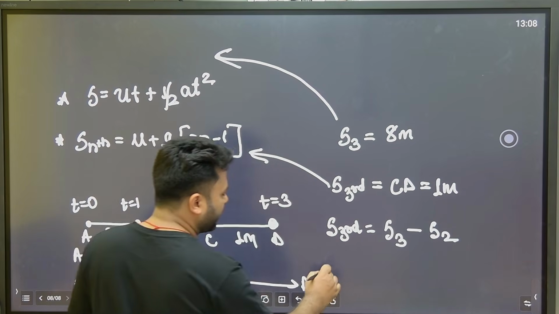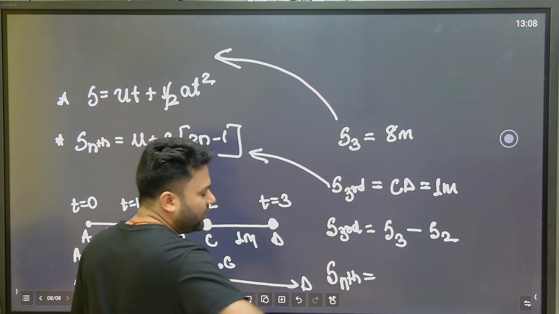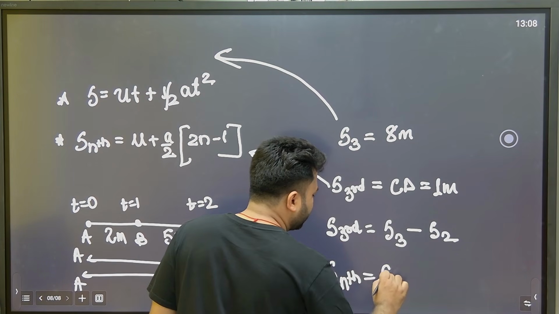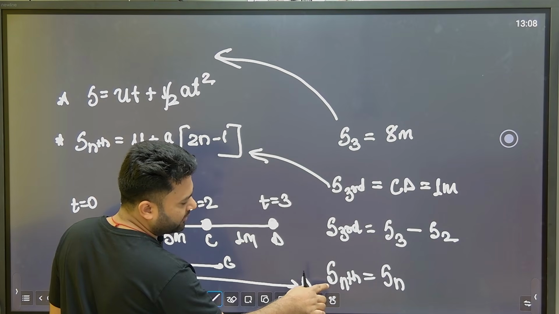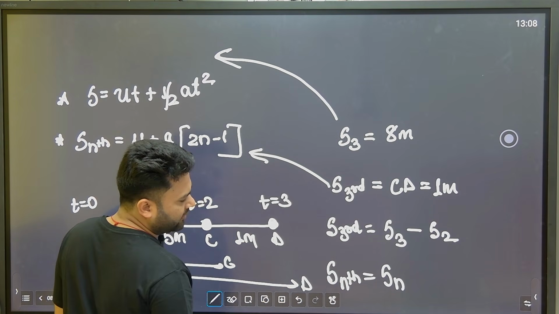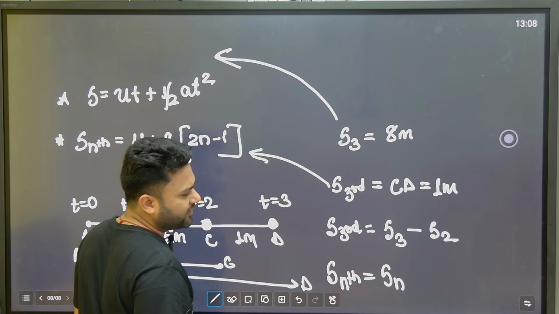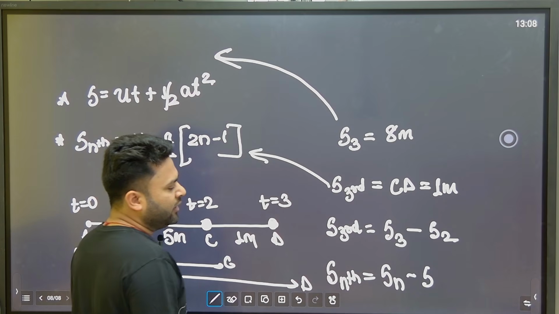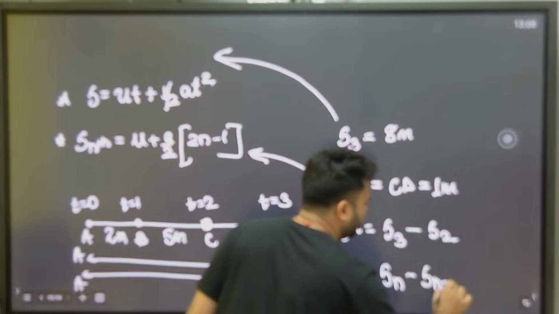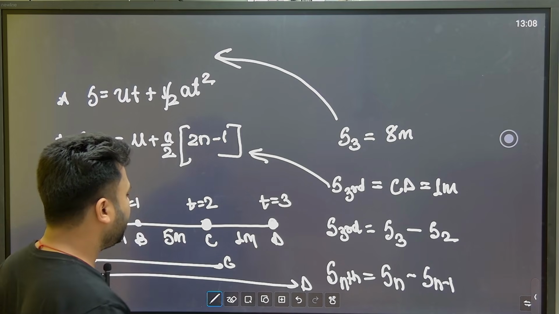Means what we can write, distance covered in nth second. We have got another formula. The distance covered in third second, similarly distance covered in nth second, is total distance covered in 3 seconds, total distance covered in n seconds, minus distance covered in 2 seconds. So we can write distance covered in n minus 1 seconds. Okay. So we have got another formula.